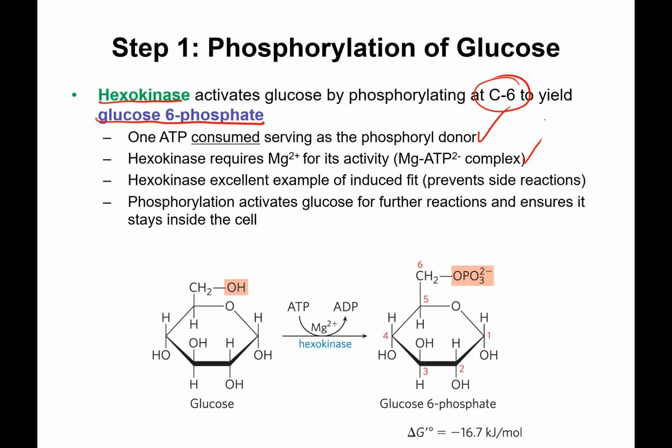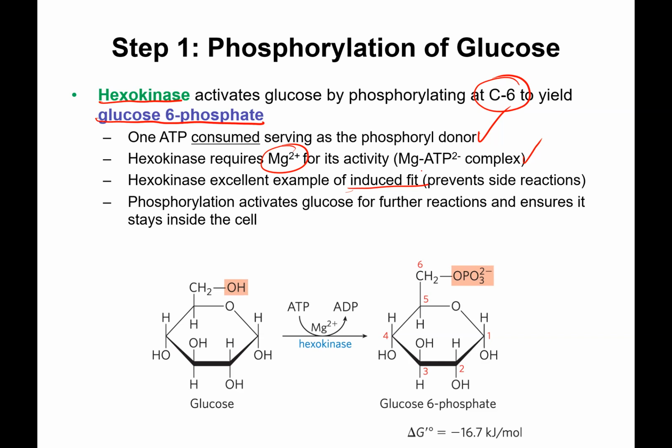And we talked about that way back when we were first studying enzymes. Why magnesium 2+? It helps stabilize the negative charges on ATP. Another thing that's interesting about hexokinase is it provides a very good example of induced fit, which we talked about previously. It's able to wrap itself around the substrate in such a way that it facilitates the transition state.